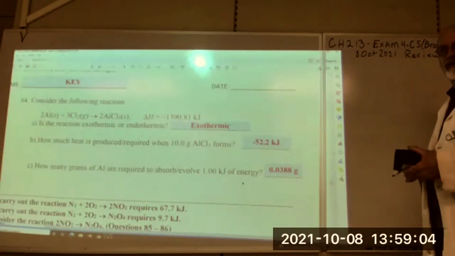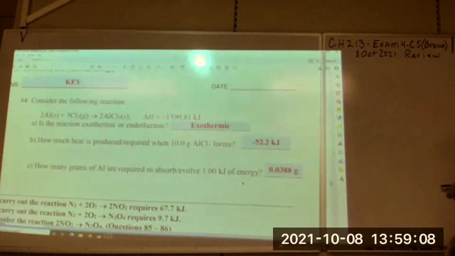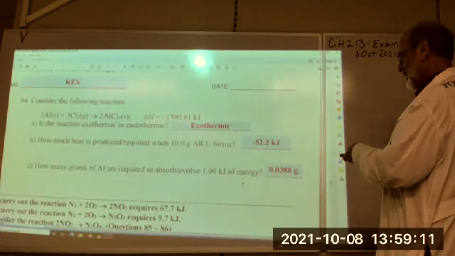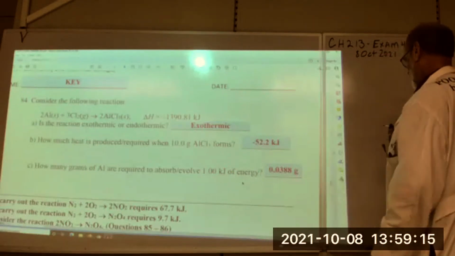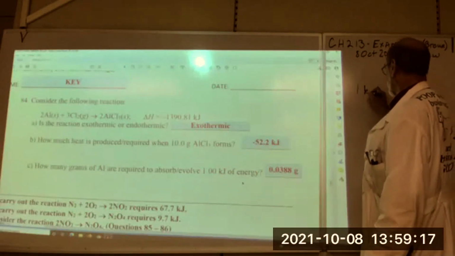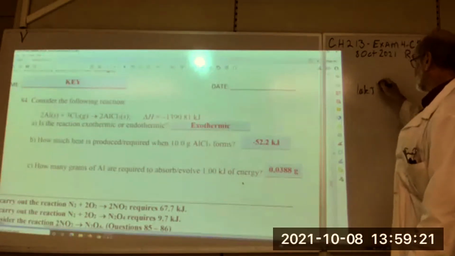So do we need to do that? Or you just want to do it? We'll do it. We need 1 kilojoule of energy.